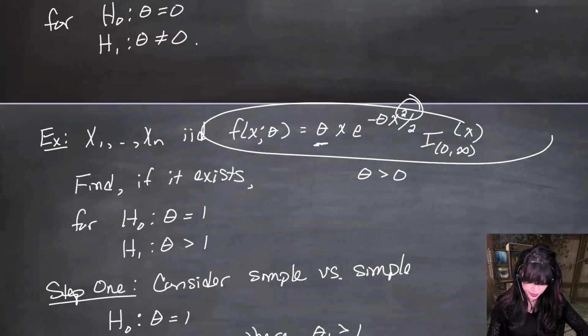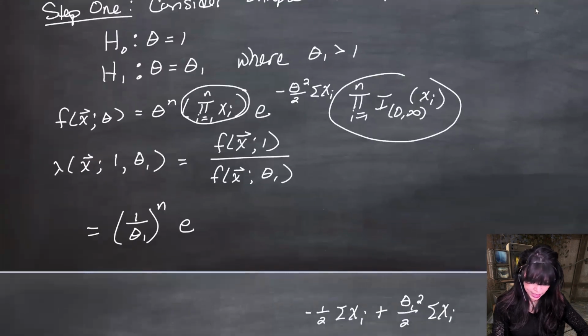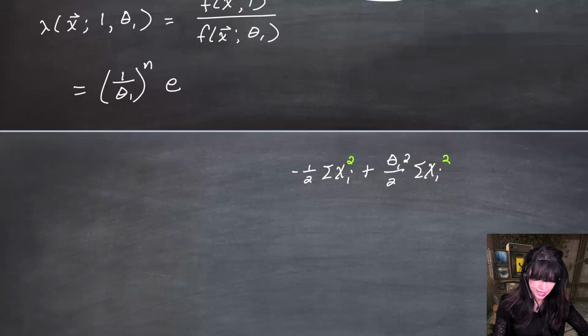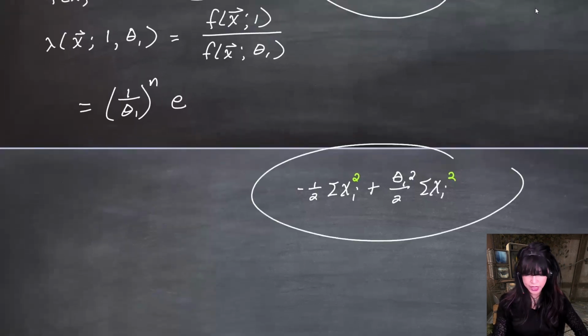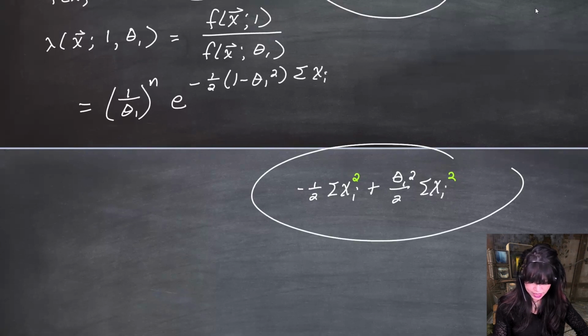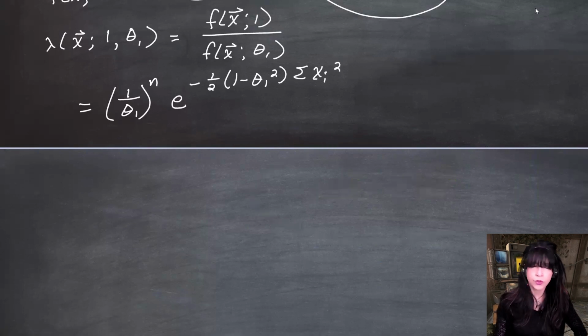They were squared. So right here, they should be squared. Sorry about that. Those are squared, squared, and squared. Anyway, this is the exponent for the e, so I'm going to say minus 1/2 times 1 minus theta 1 squared times the sum of the xi squared. Did I get that right? Looks pretty good. So there is the likelihood ratio for the Neyman-Pearson test.